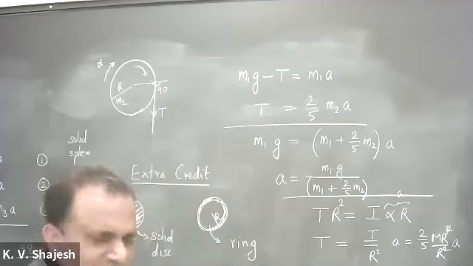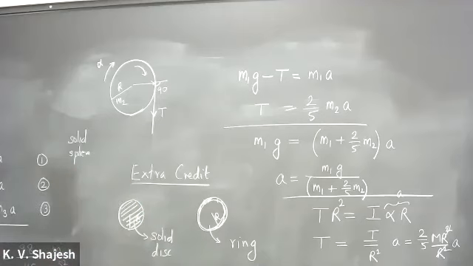Which one is more suitable if you want a higher angular acceleration? If you want things to be moving very freely about the axis, then which is better? And remember again, the problem depends on what you keep fixed.